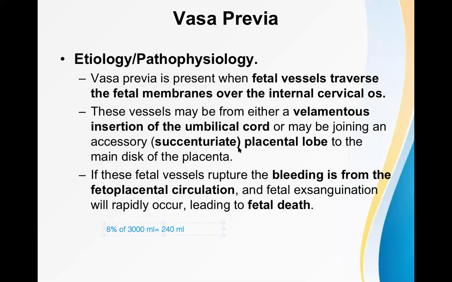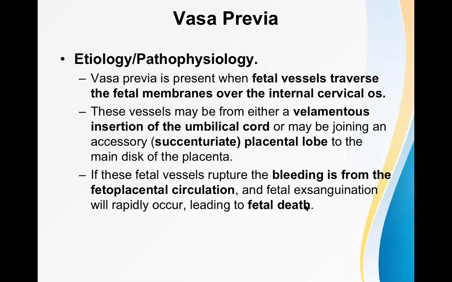And velamentous insertion of the umbilical cord means it is not really inserted in the main substance of the placenta. Rather, it is inserted into a fetal membrane, and that insertion can lead to passage of the fetal blood vessels through that membrane, and then only there is the main placenta.